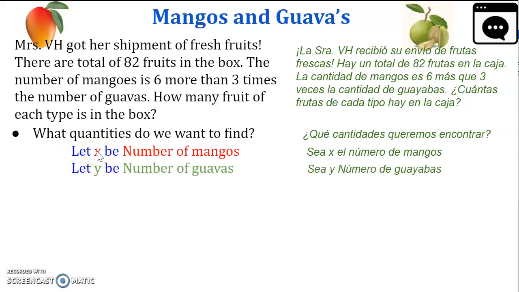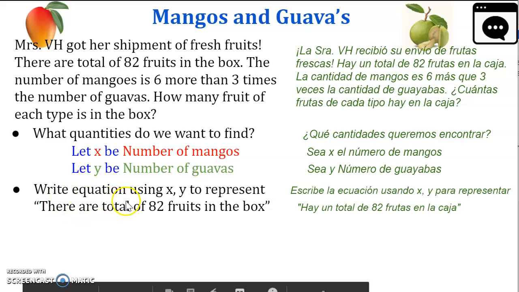So we can let x be the number of mangoes and let y be the number of guavas. So whatever quantities you want to find, you call them x and y, and you clarify what you're calling what, because when you get your answer, this way you know what x and y were referring to.